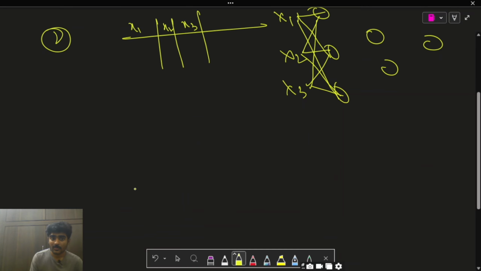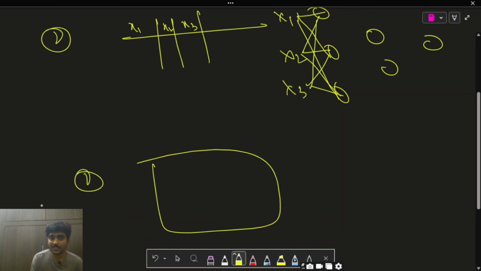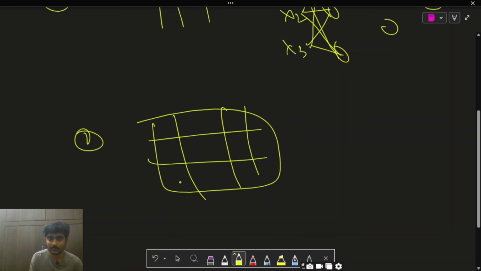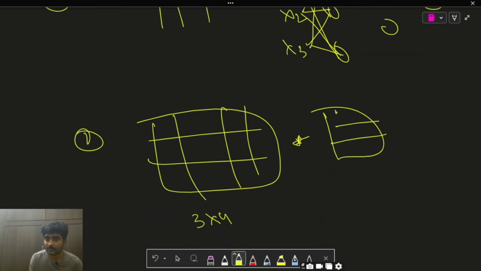Now for the CNN, I'm taking an image, let's say 3 cross 4. The dimension of the image is 3 cross 4 and I'm applying a 3 cross 3 filter.